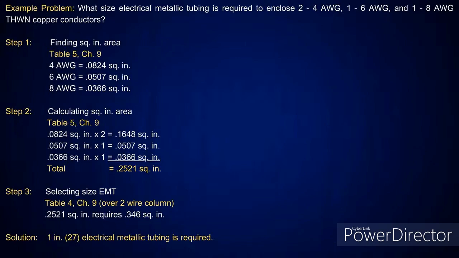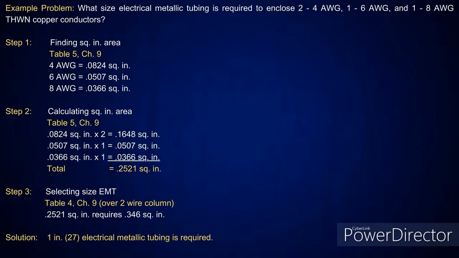So in step 1, if I look at chapter 9, table 5, and I pick up the THWN copper conductors and I come down and I pick up a number 4, it's going to tell you the square inch value is good for 0.0824. For the number 6, it's 0.0507 square inches, and the number 8 is 0.0366 square inches.